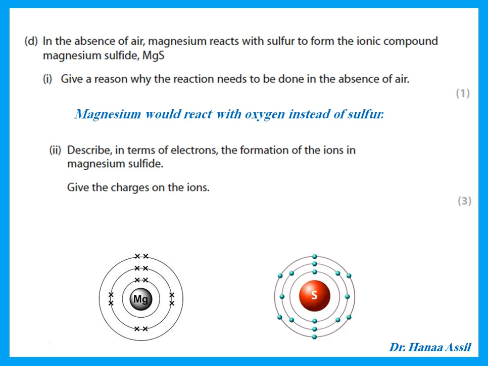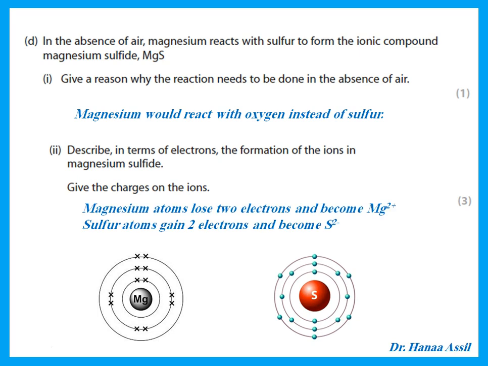Now, sulfur is in group 6. It has 6 electrons in its outermost shell, so it needs to gain 2. So what happens is the magnesium atoms will lose 2 electrons, and that means it will become magnesium 2 plus or Mg2+. Now the sulfur atoms will gain 2 electrons and will become S2-.